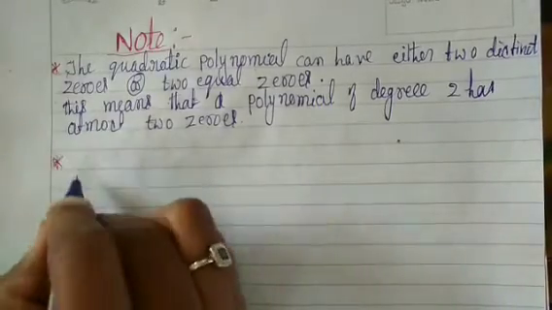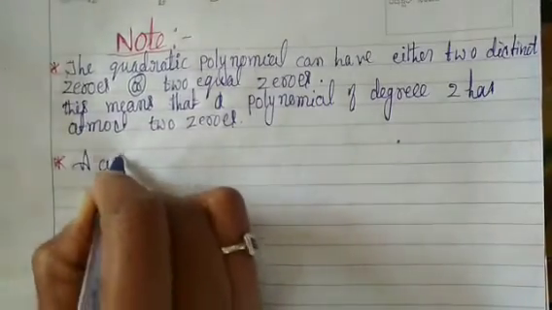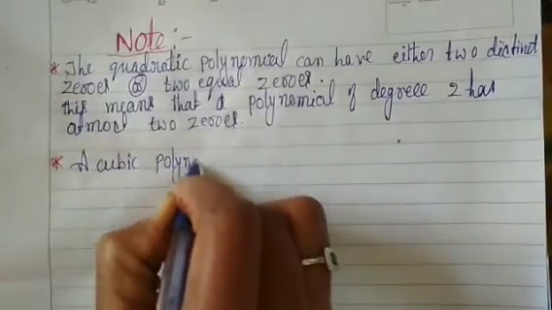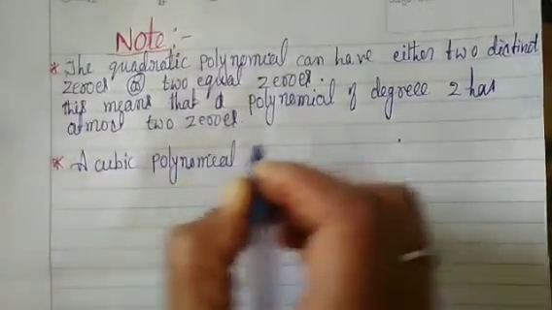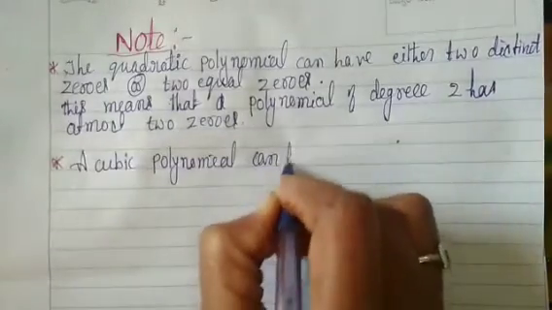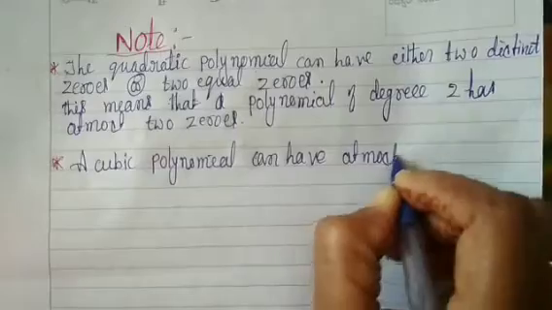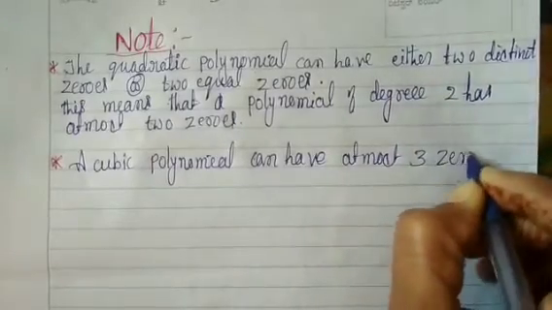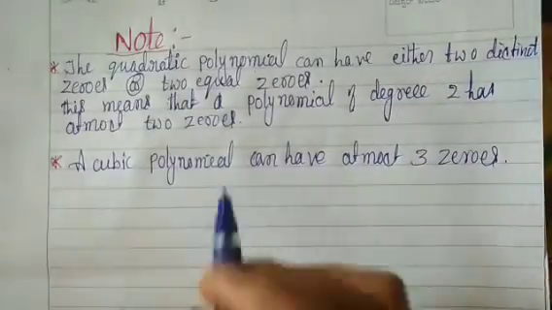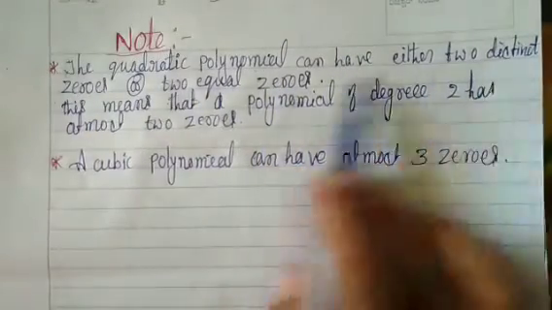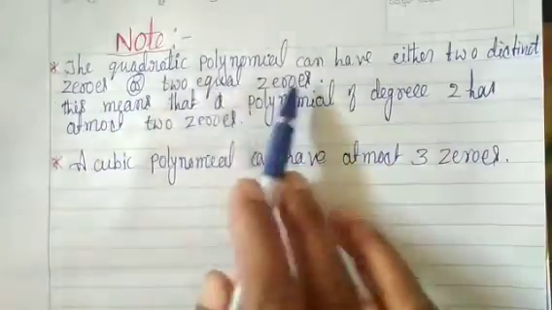Second, a cubic polynomial can have at most 3 zeros.